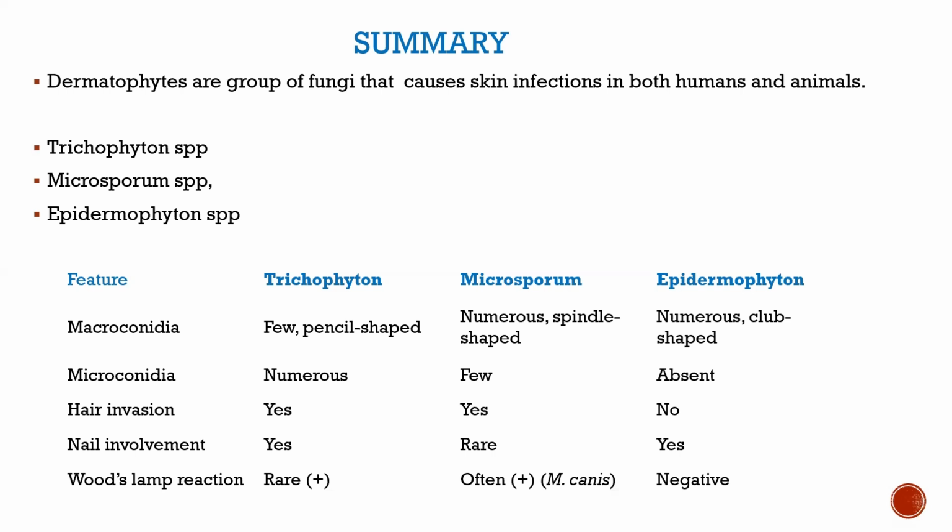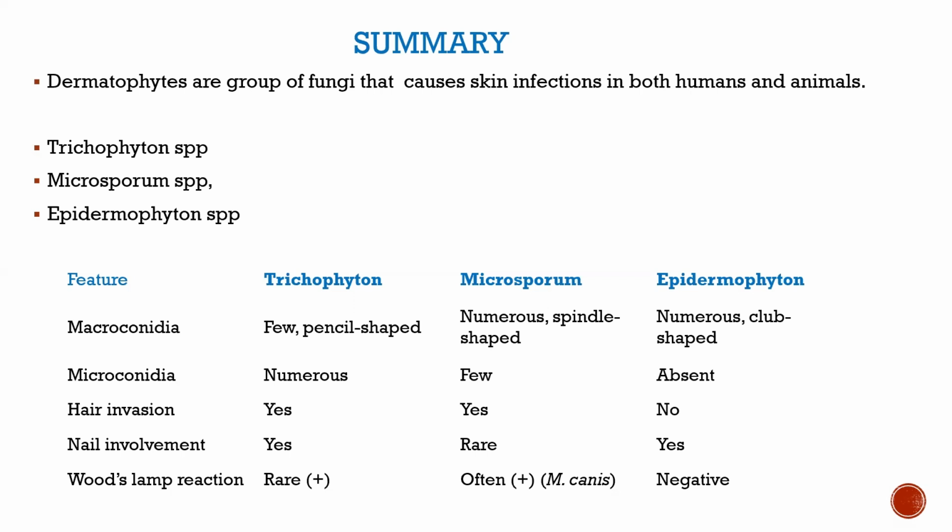For Wood's lamp reaction, it is very rare in Trichophyton, which is a good thing for diagnostic investigation for these genera. You can do the Wood's lamp test by placing them under UV light, and when any of the organisms fluoresce or show a bright color, like Microsporum, which I mentioned shows a bright green color, they can be used in identifying them.